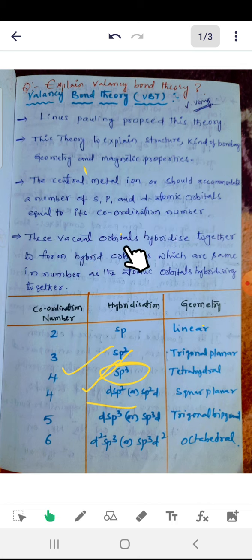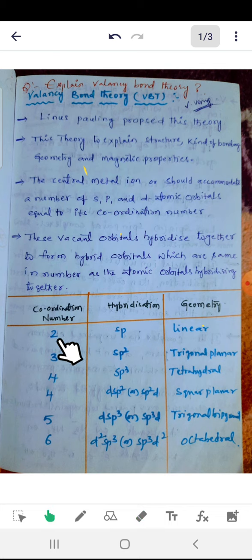These vacant orbitals hybridize together to form hybrid orbitals, which are the same in number as the atomic orbitals hybridizing together. So based on the coordination number, we can easily find out which hybridization takes place in the complex. For example, observe this table based on the coordination number.